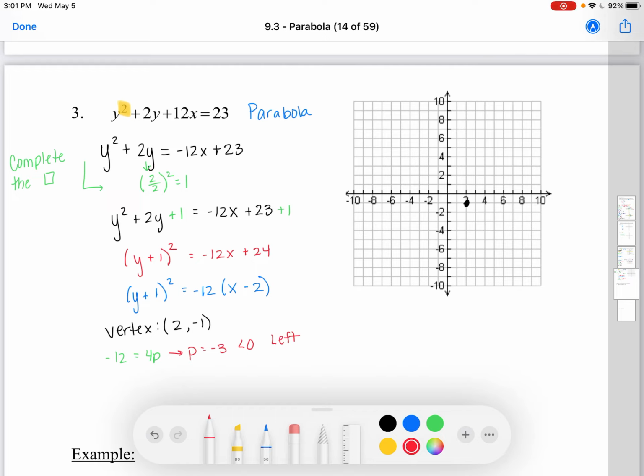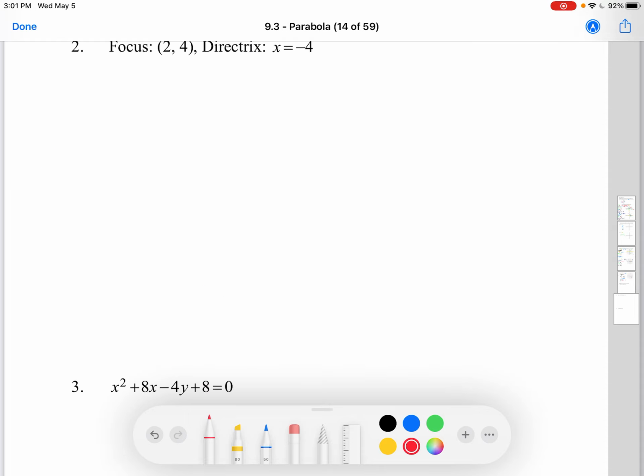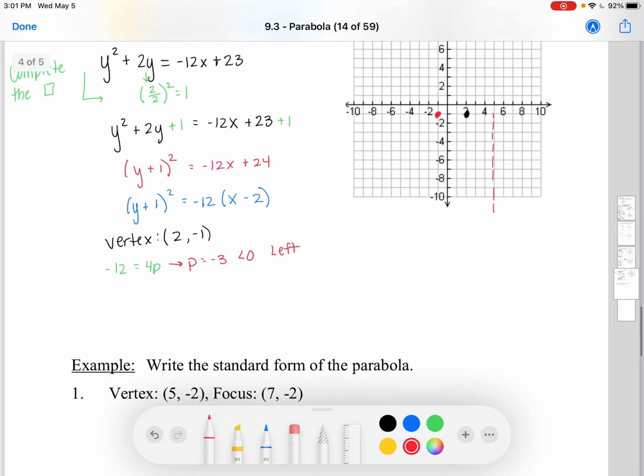So I go back to the vertex. I'm going to move 3 to the left. And I'm going to plot a point again because I know my graph is going to have to open left, so I want the focus to be included there. And then I'll go back to the vertex and go 3 to the right, but this will be my directrix.